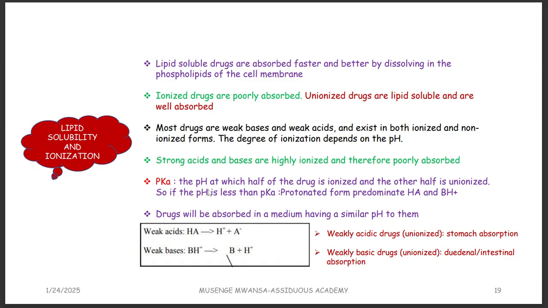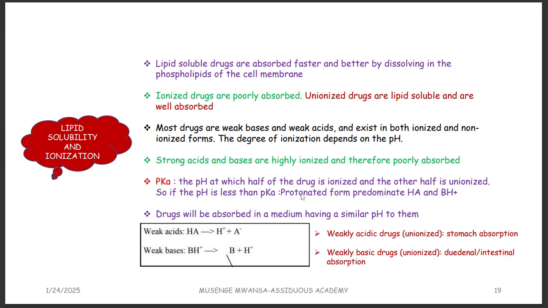Okay? So if pH is less than pKa, it means that what is more is, remember when you are finding pH it is given by product over reactant. So if pH is less than pKa, the protonated form, HA, predominates.